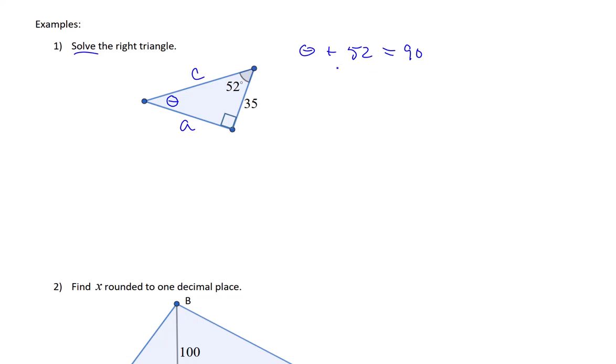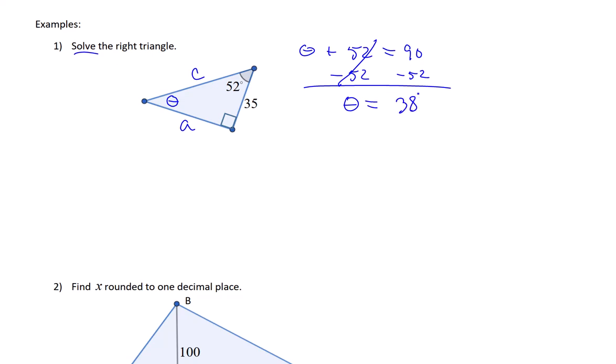What that means is, by algebra, I could simply subtract 52 from both sides of this equation that started as theta plus 52 equals 90. So the 52s will cancel. This is just equation solving like we're used to with algebra. And of course, this leaves us with theta being 90 minus 52, which is 38.